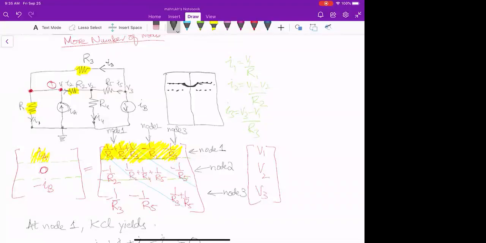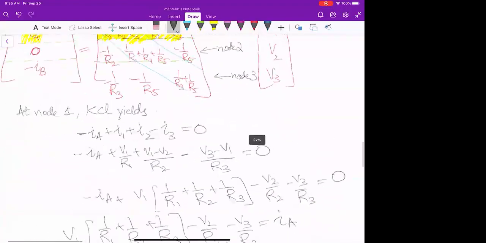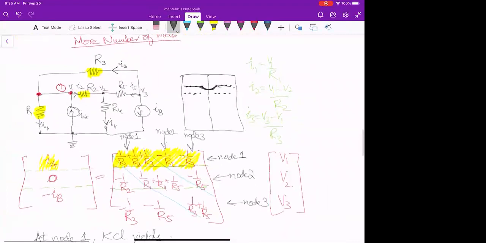So at node 2, what should be our KCL? I think our node 2 should have I4 minus I5 and minus I2 is equal to 0, because there is no independent current source attached to it, right?